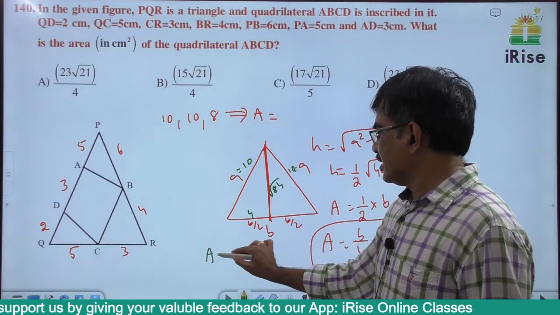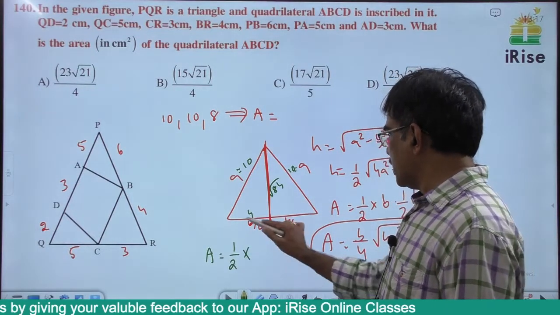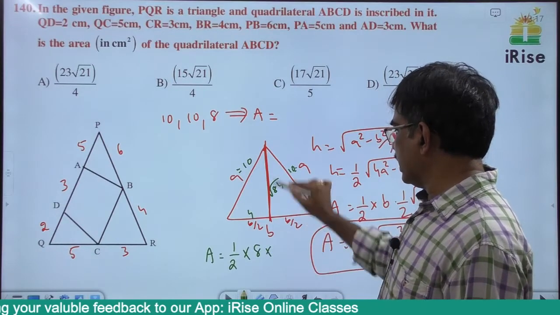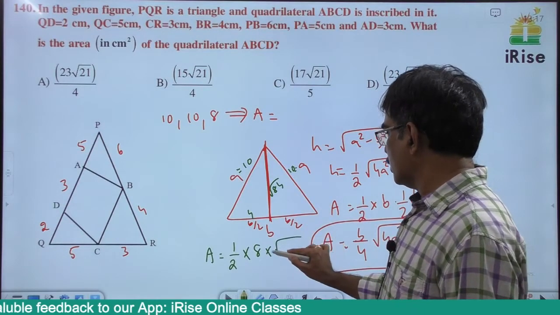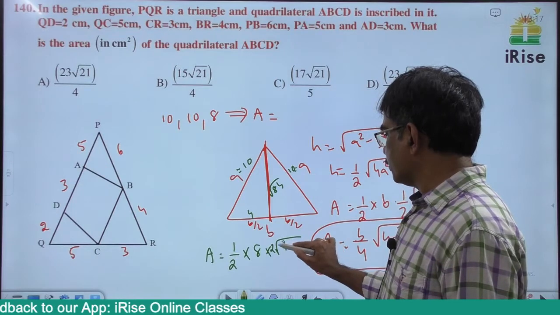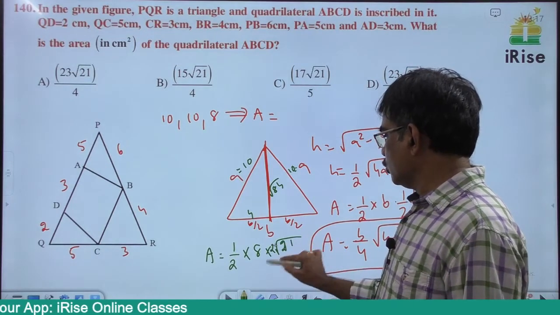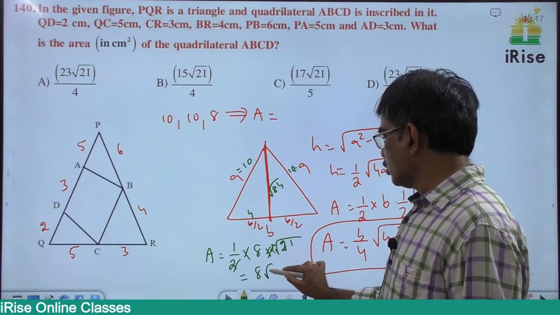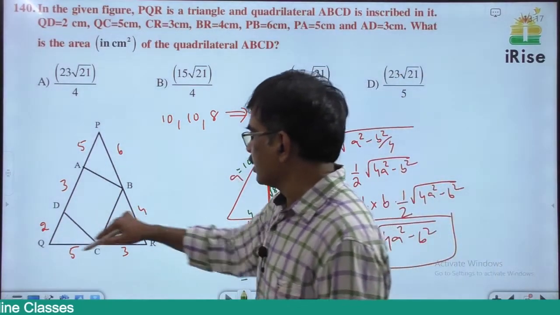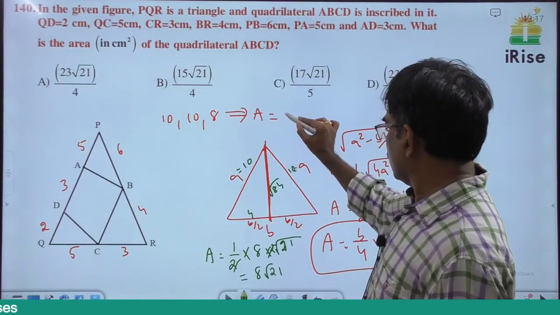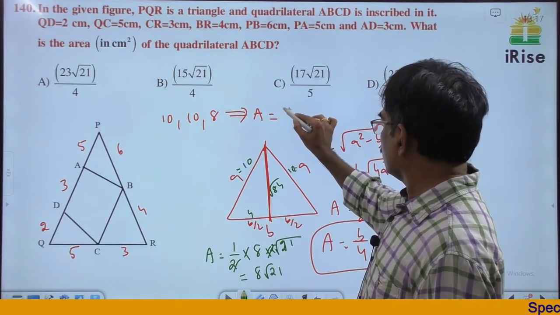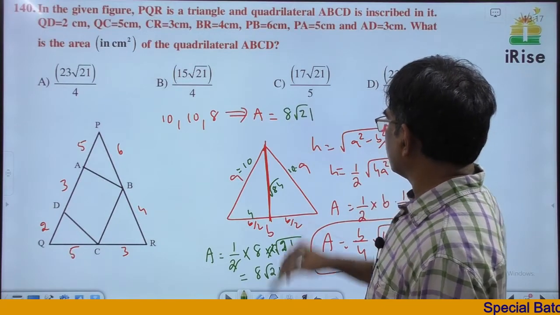So area is half into base 8 into height root of 84, so 2 root 21. The 2 cancels, so 8 root 21 is the area of the triangle PQR. So directly, area is equal to 8 root 21.